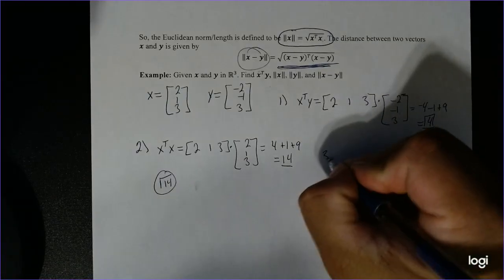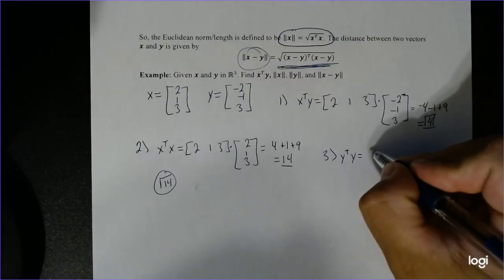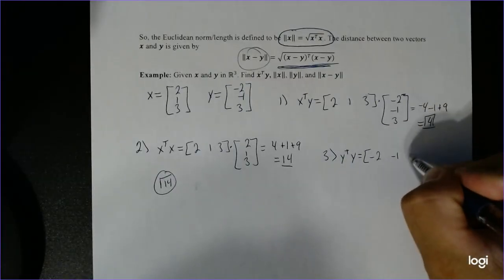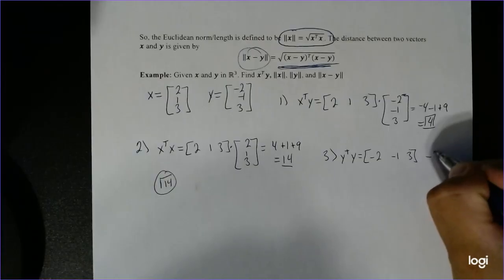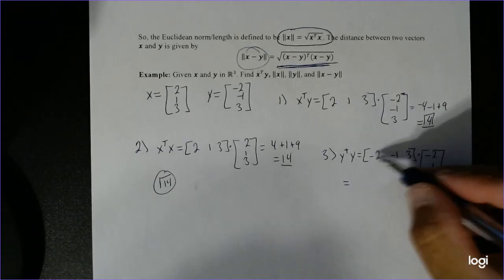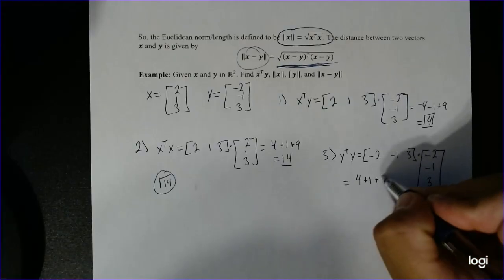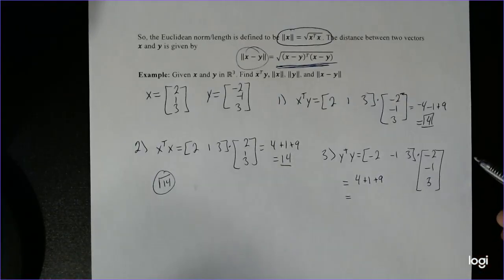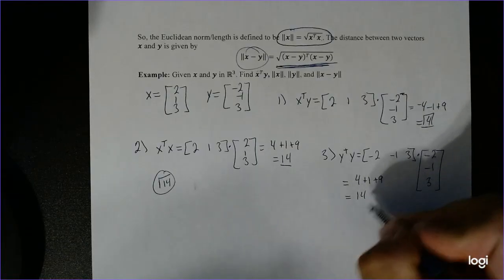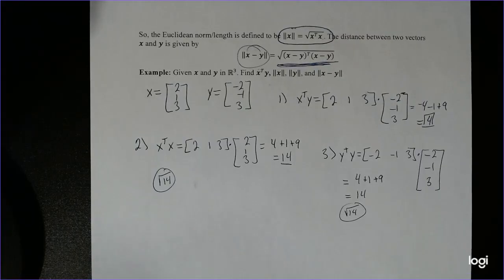And now we do the same thing, but for y. So 4, plus 1, and also 9. So this time again gives you 14. So the square root of 14 again is the length of the vector.